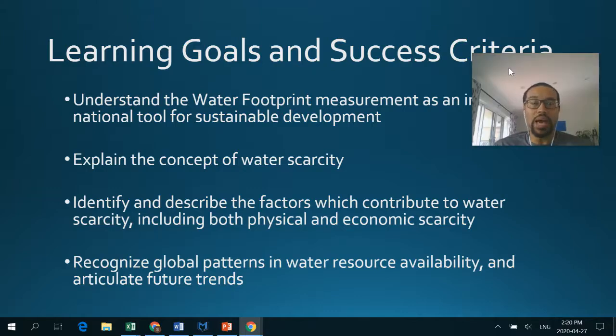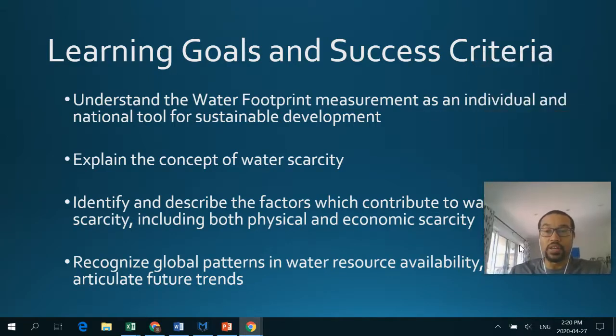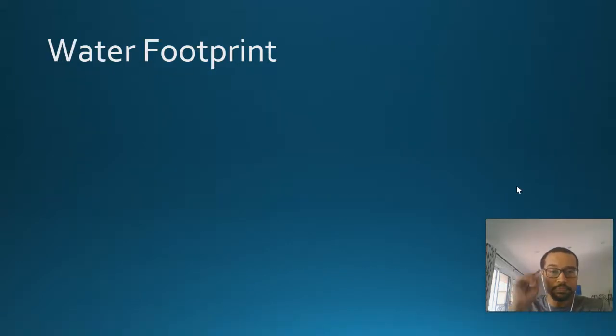So we're going to look at some maps. I love maps. We're going to look at some maps that look at patterns in terms of availability of fresh water. And we'll see if we can recognize some of those trends and discuss what that means, not just for the use of that resource, but also for political ramifications and policy decisions in those areas.